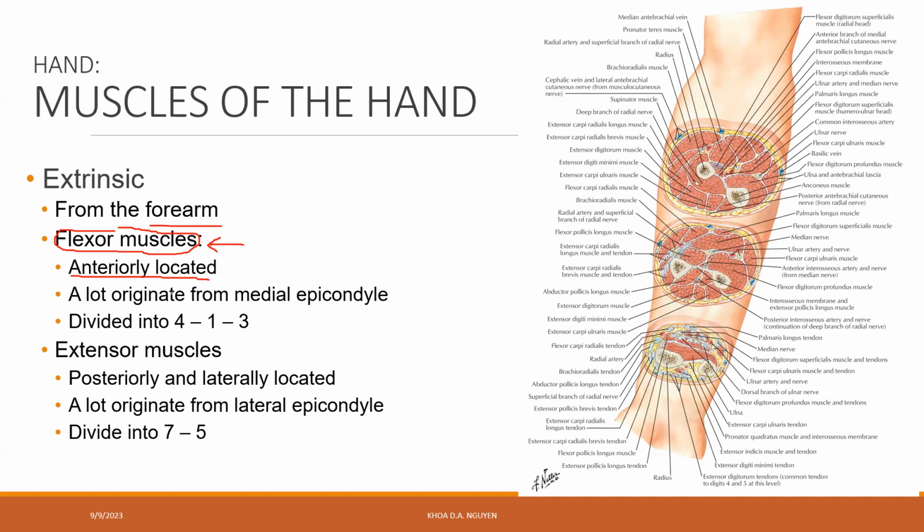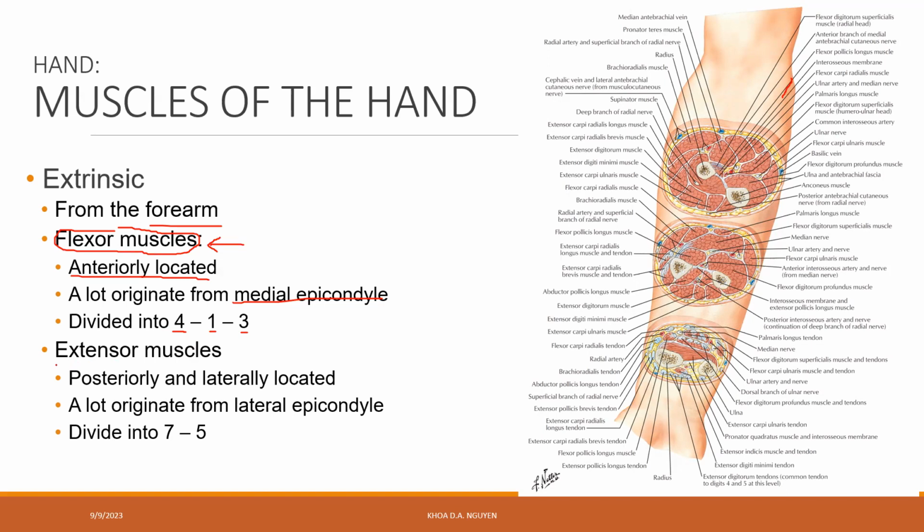Now, a lot of these flexor muscles originate from one point on the medial side, which is the medial epicondyle of the humerus, all the way up here. They are divided into 3 layers. In the first layer, the most superficial layer, you have 4 muscles. The middle layer has 1 muscle, and the last layer, the deepest layer, has 3 muscles on the anterior side of the forearm, as we have already studied before.